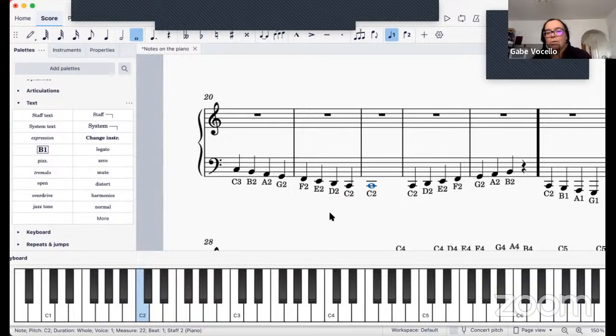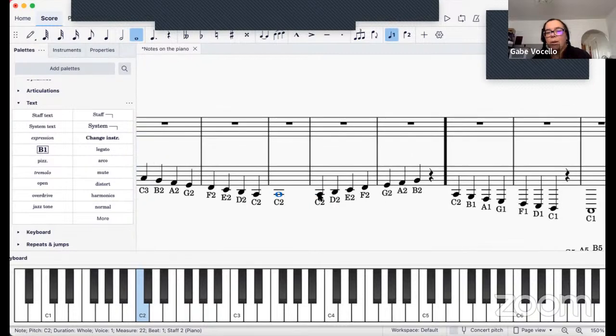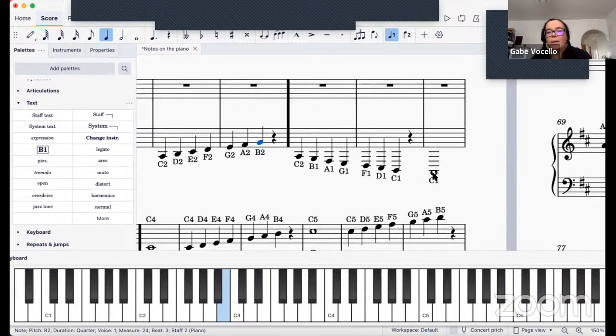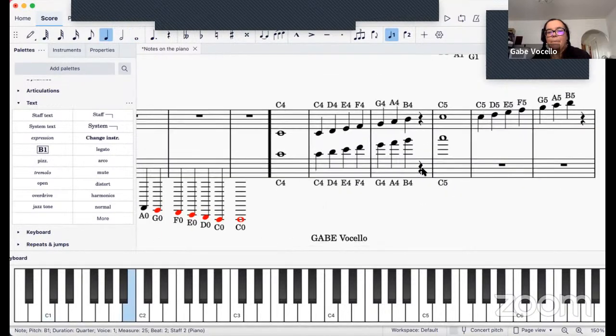C2 to B2. So C to B within the octave of that C, in this case, is C2. Here, C1 to B1. C0.